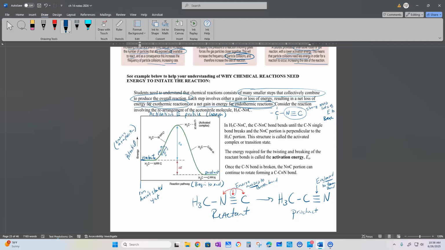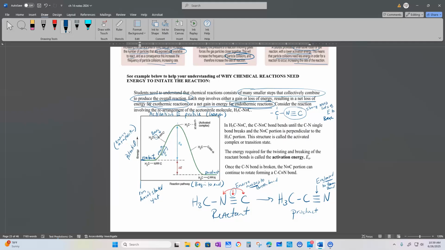What happens is this bond starts to bend until the CN single bond breaks. Right here, we're trying to break this, so that it can start to rotate. Once it starts to rotate, you gain all this energy. All this is positive energy. And then you get to the top of the peak.